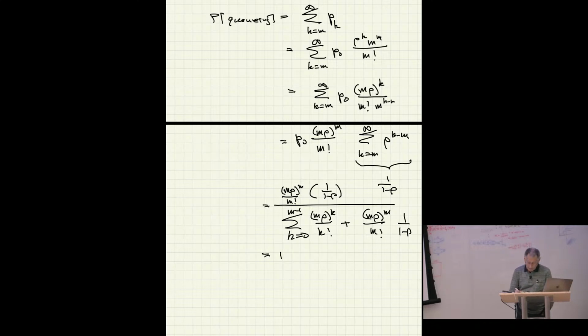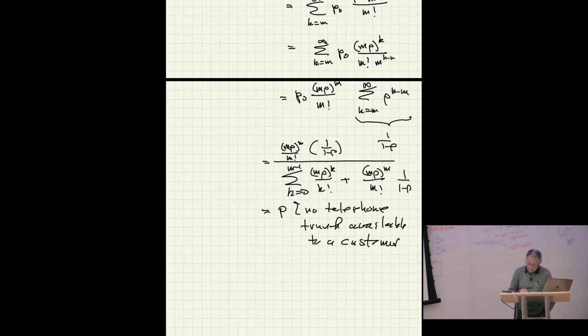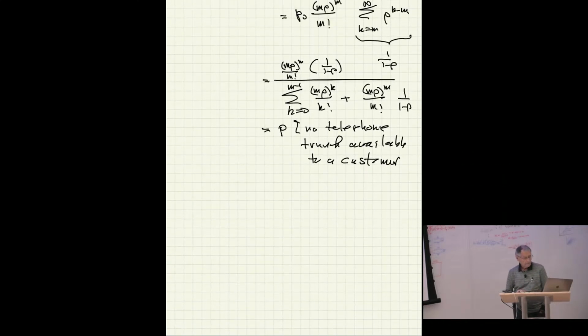This is the probability that no telephone trunk is available to a customer in the case of a telephone application. This is known as Erlang's C formula, after A.K. Erlang, the father of queuing theory.